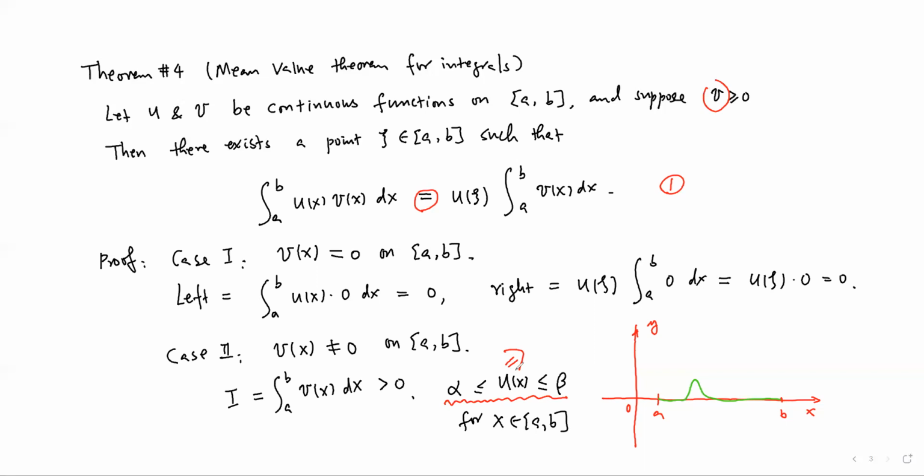If you multiply a negative number, then you need to change the inequality direction. So multiply V to alpha, multiply V to U, multiply V to beta. Okay, the inequalities have the same direction as these two inequalities because V is non-negative.